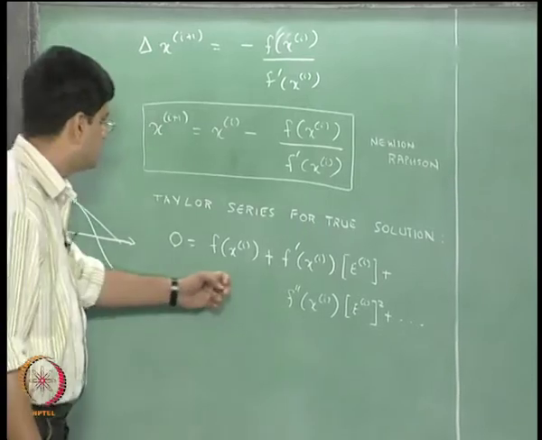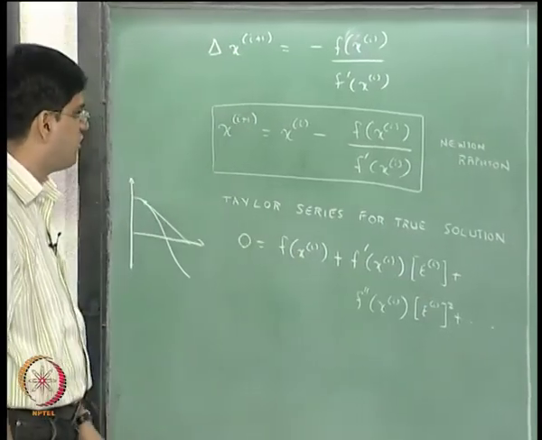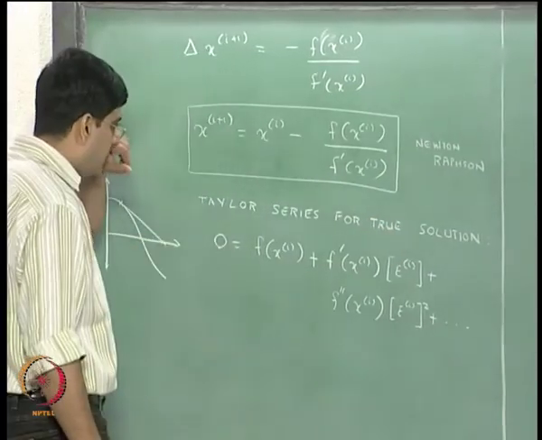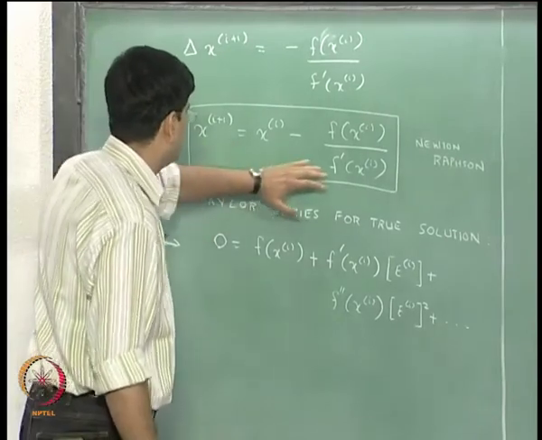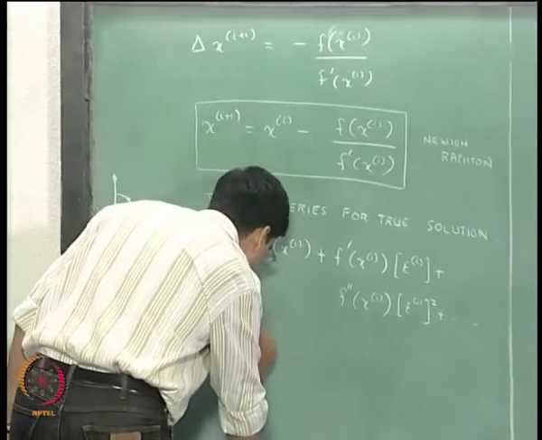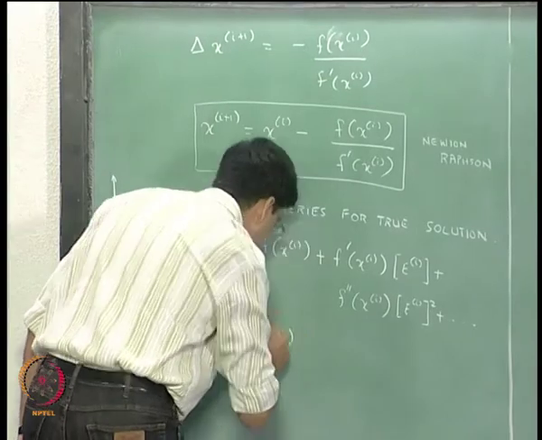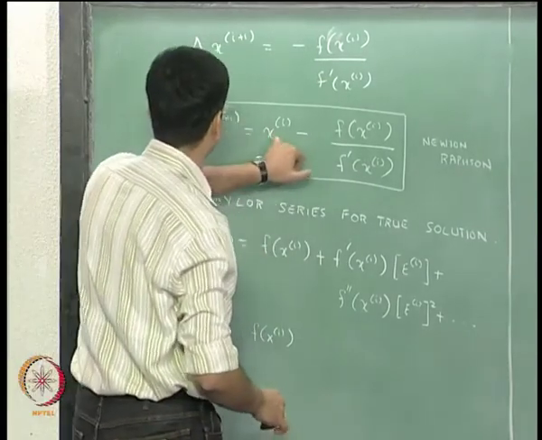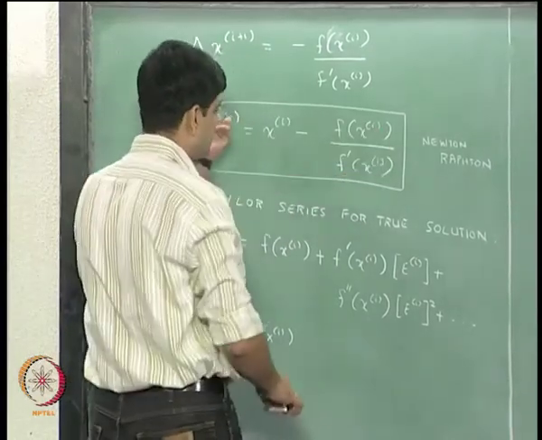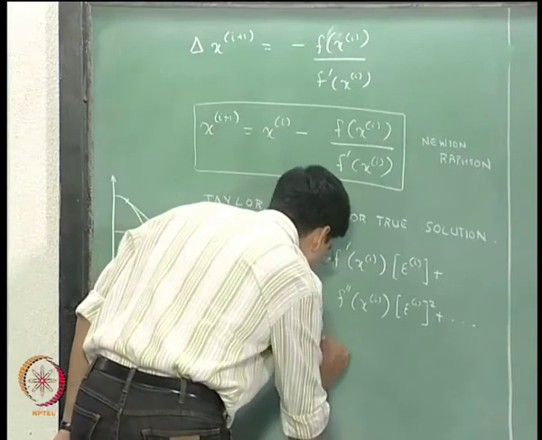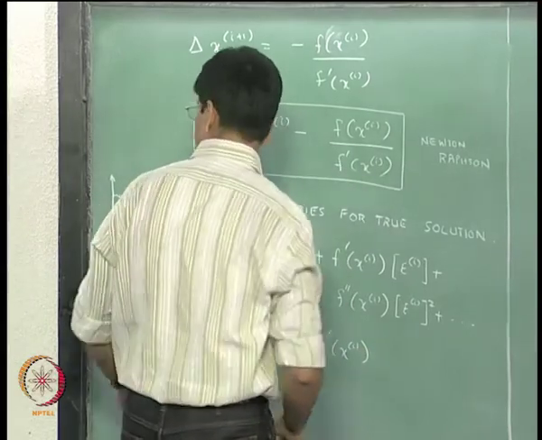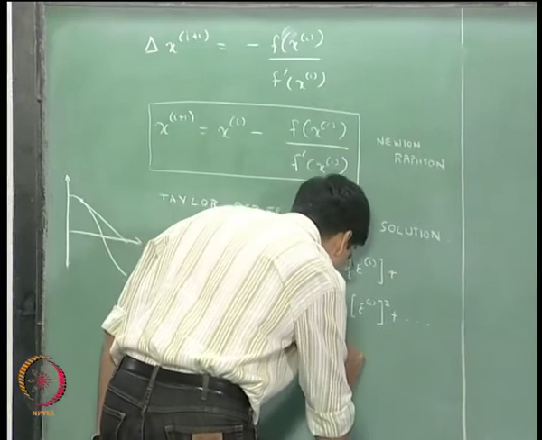So this is going to be our expression for the Taylor series expansion for the true solution. Remember the expression we had obtained earlier, 0 equal to f of xi plus f dash of xi multiplied by xi plus 1 minus xi, which is the Newton-Raphson solution.